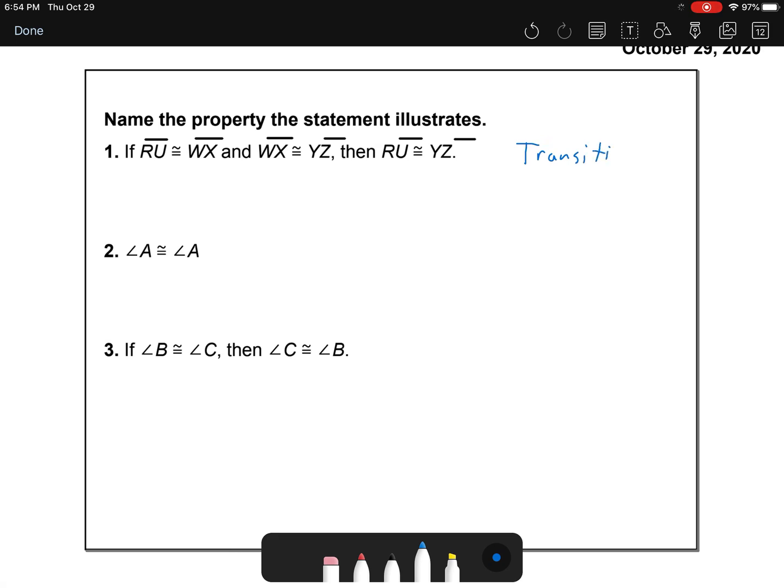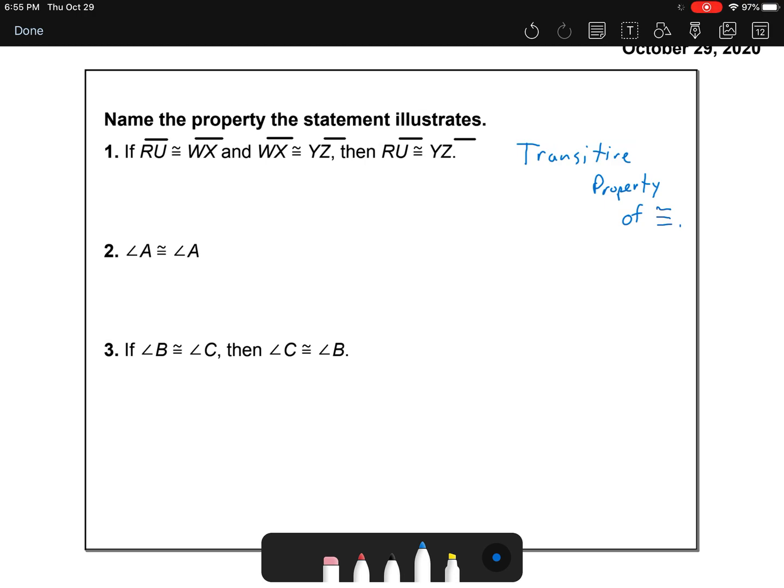Right, it is the transitive property of congruence. And I use symbols. I don't write words when it's commonly known abbreviations. That's what congruence means. So that's the transitive property.